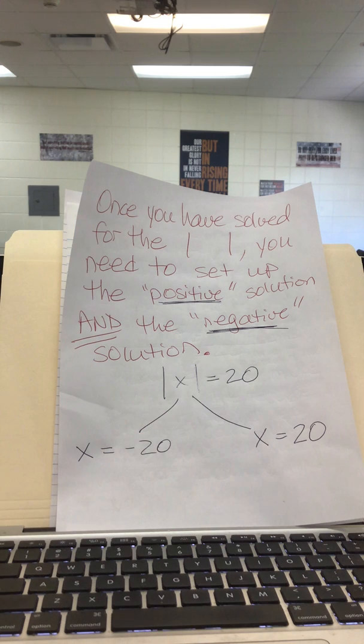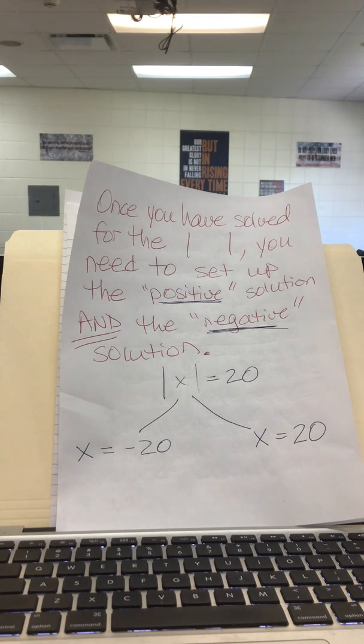Because the absolute value of -20 is 20. Or x could also equal the positive solution, which is that x is already positive 20. Then when I execute the absolute value on it, it still remains positive 20.